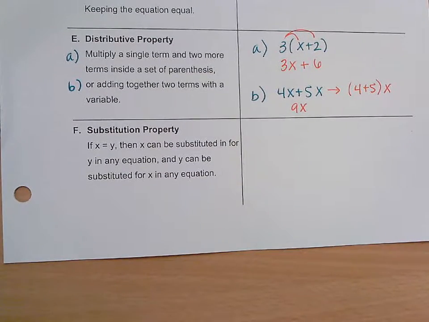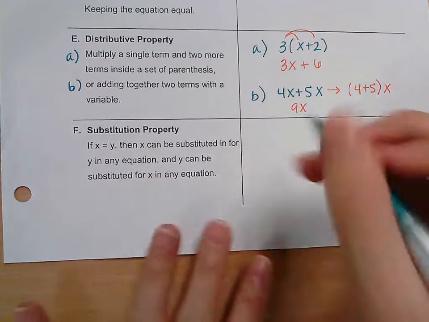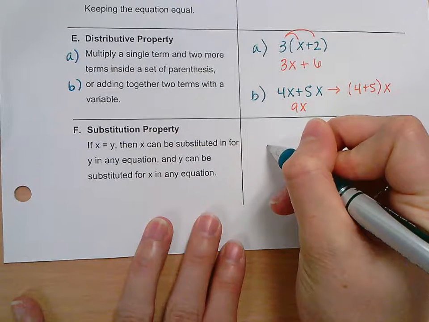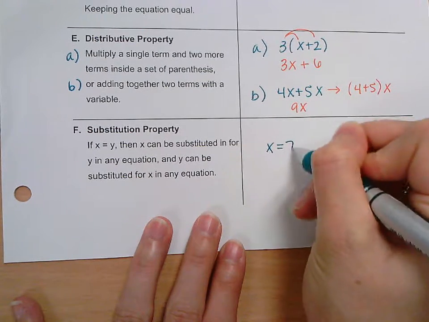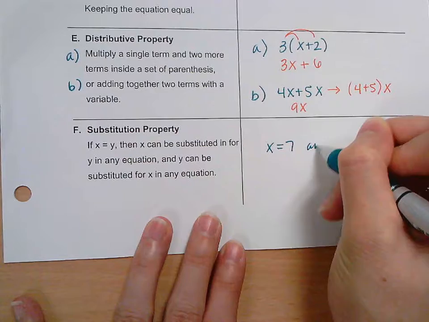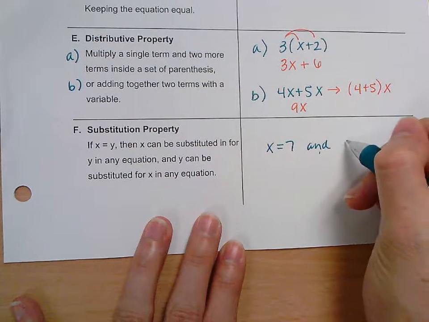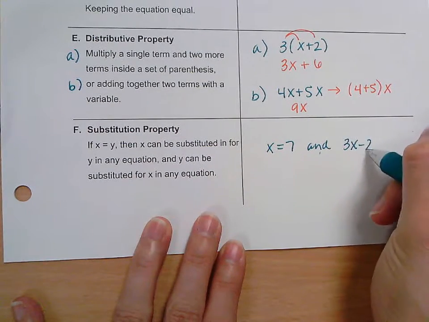And then substitution, this is also something you use a lot. So say x is equal to 7, and then we have this expression, 3x minus 2.